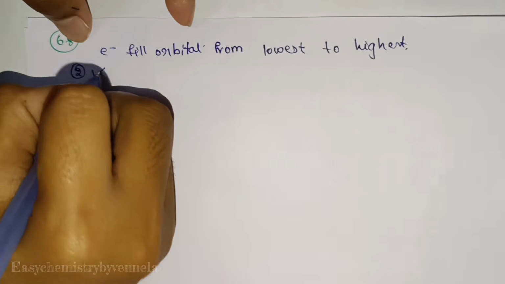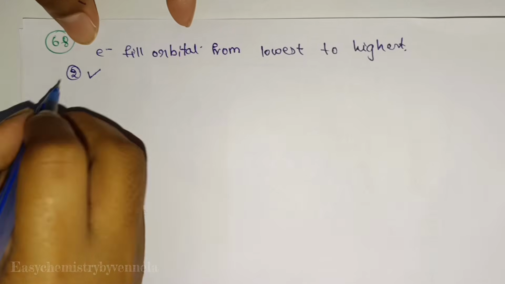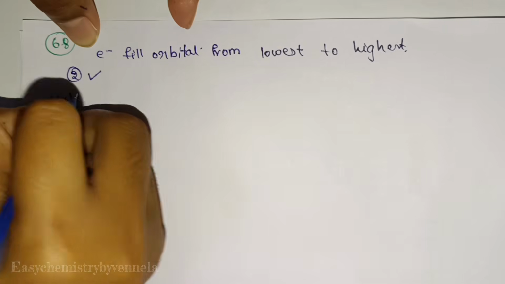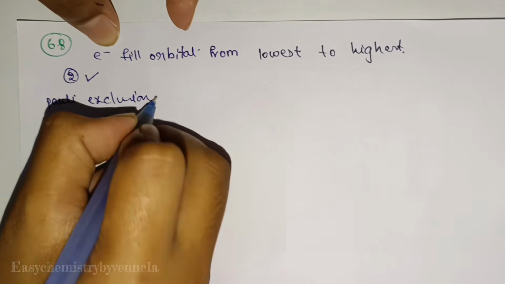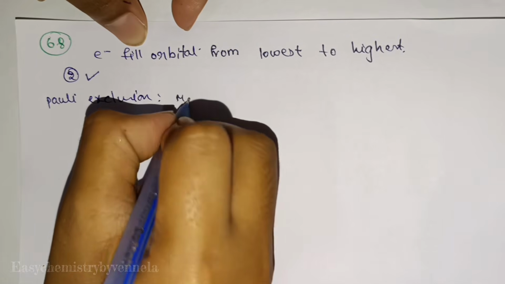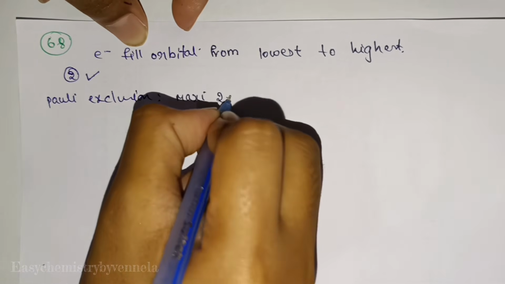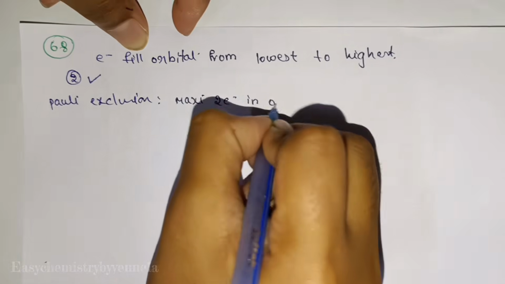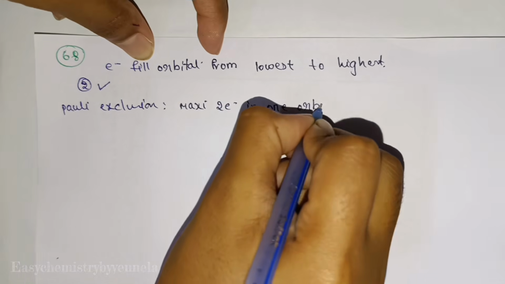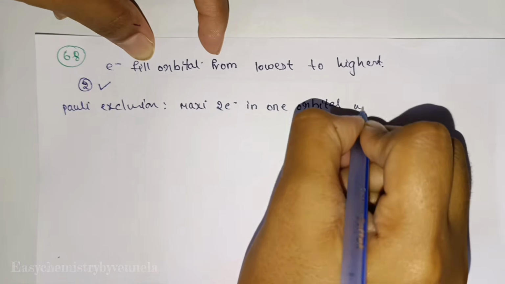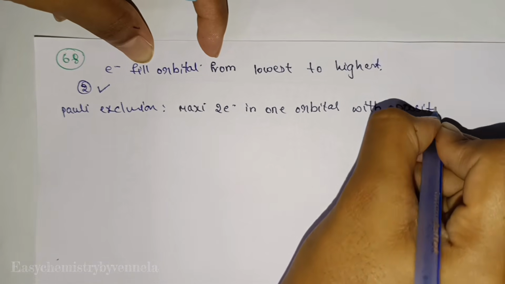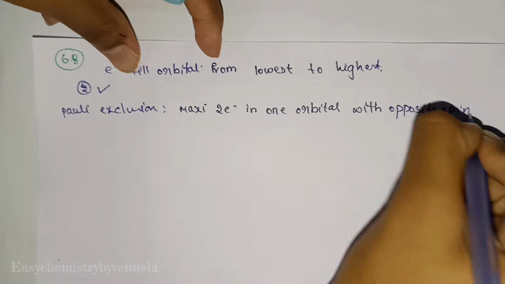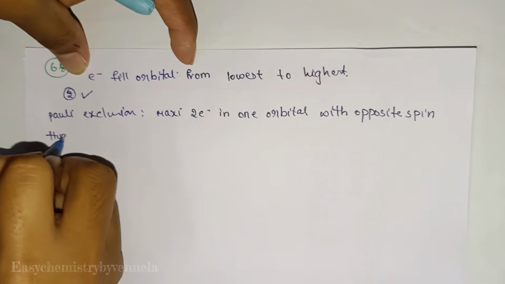The second one is the correct one. And also, what is the Pauli exclusion principle? Maximum 2 electrons in one orbital with opposite spin. Finally, Hund's rule.